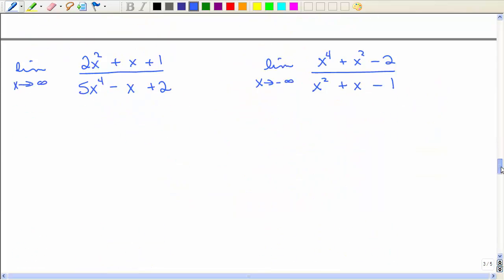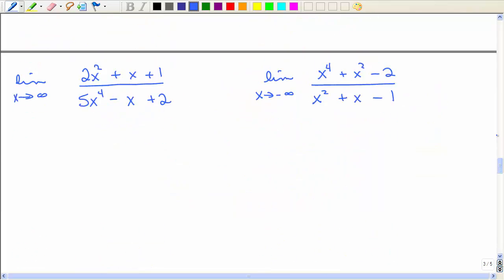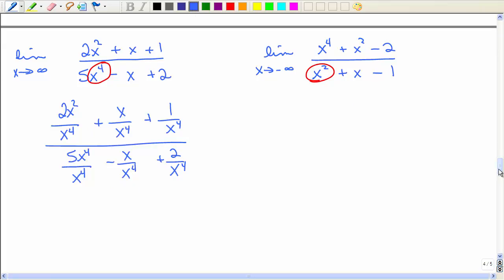Right, let's look at 2 more problems. Right, so the process: highest power of x in the denominator, divide by that. Want to reduce.